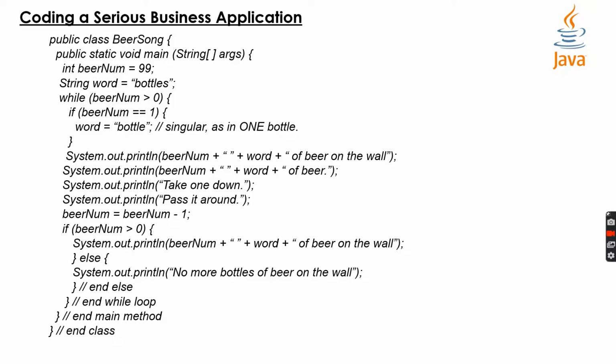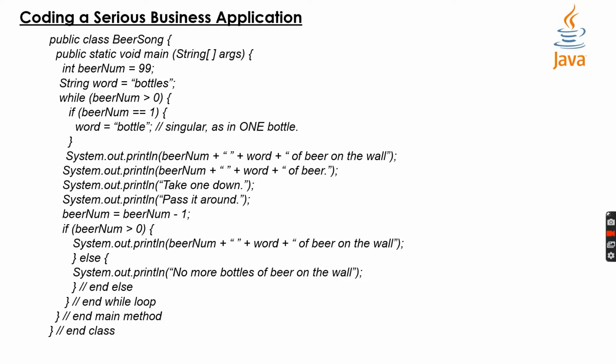Now inside the loop, if beerNum equals 1, we assign the word singular, as "bottle". System.out.print beerNum, we add a blank space and then we add the word bottle of beer on the wall. So at the end of this, take one down, pass it around.